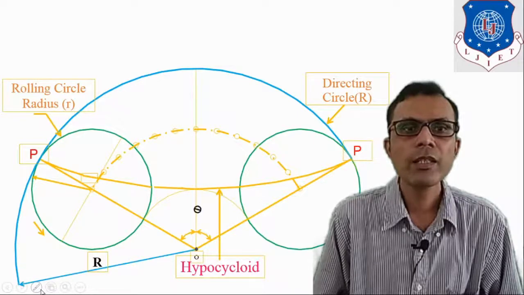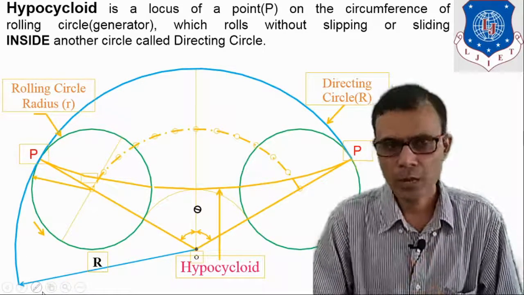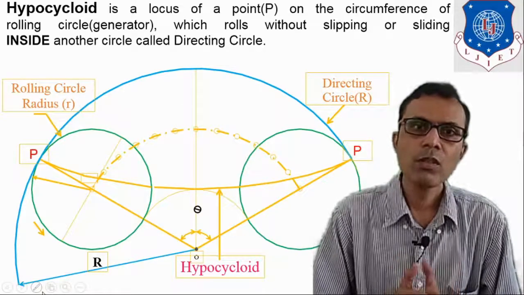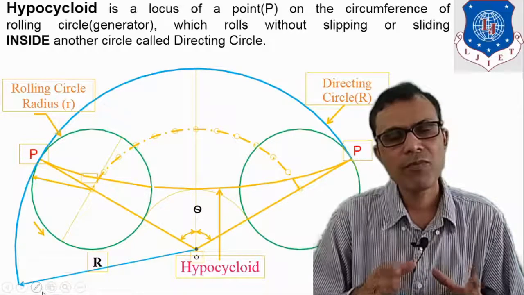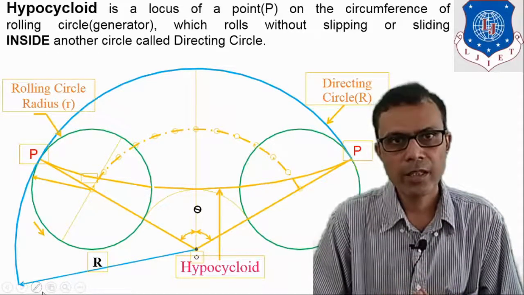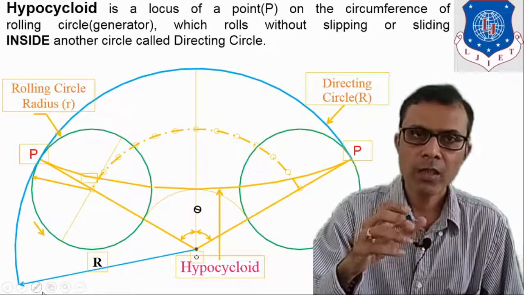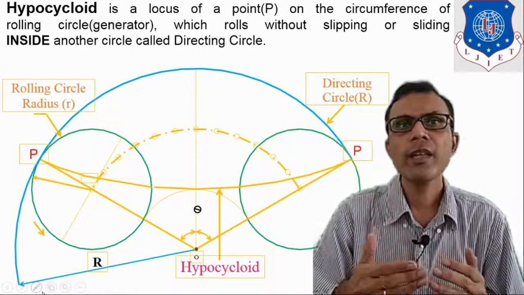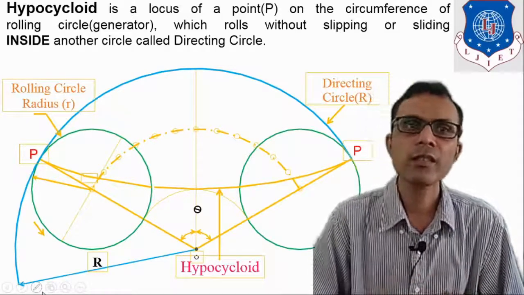Now let's see the next type of curve, that is hypocycloid. So what is hypocycloid? Let's define it. It is defined as a curve generated by the point P on the circumference of a rolling circle which rolls on another circle but inside of the other circle.